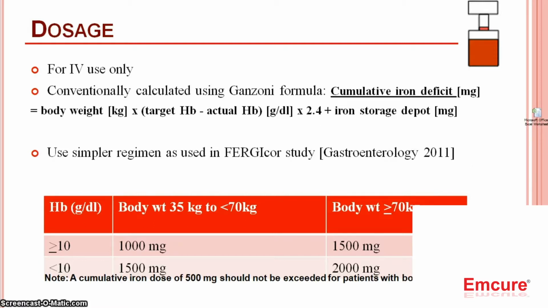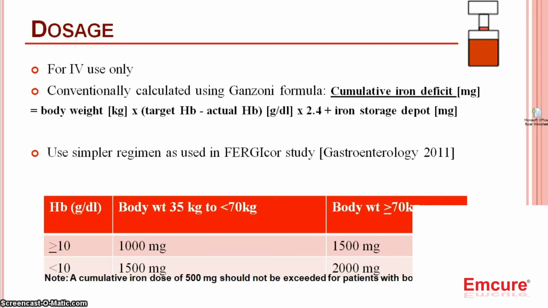So just doing a recap once again, we use a simple regime as used in the FERRIC study of Gastroenterology in 2011. It takes two parameters into consideration. First is hemoglobin and second is the body weight. When hemoglobin is 10 or more, then 1000 milligrams is to be infused in patients weighing 35 to 70 and, for patients weighing 70 and more, 1500 milligrams.